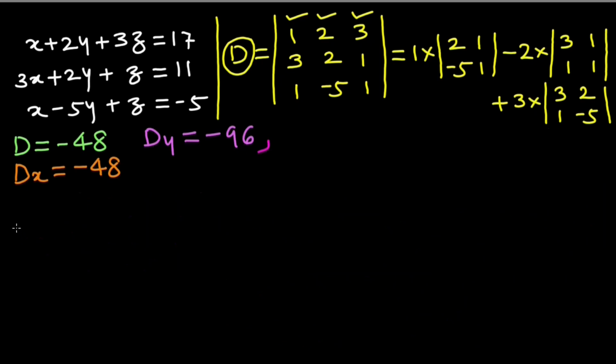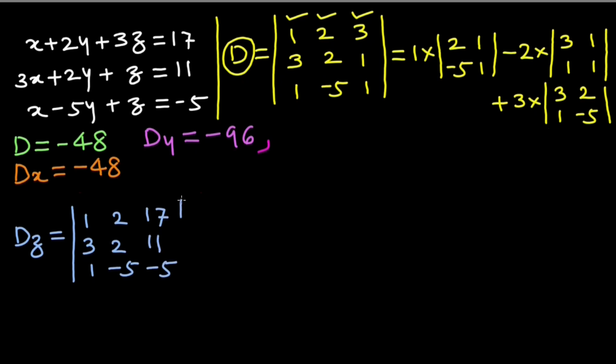Finally, let us calculate Dz, which will be first coefficients of x, 1, 3, 1, then coefficients of y, 2, 2, minus 5. Then replace coefficients of z by the constant terms 17, 11, minus 5.